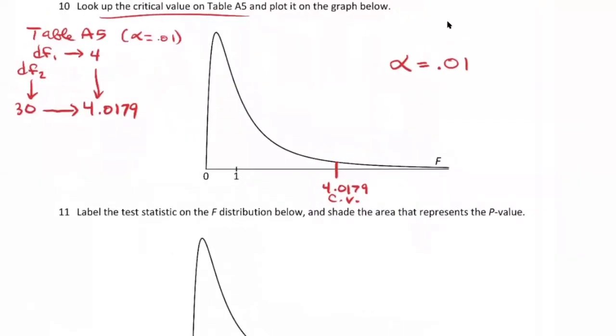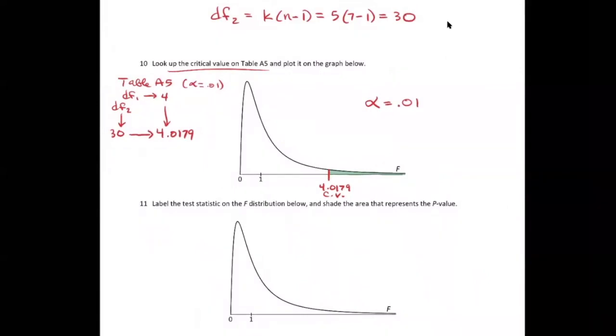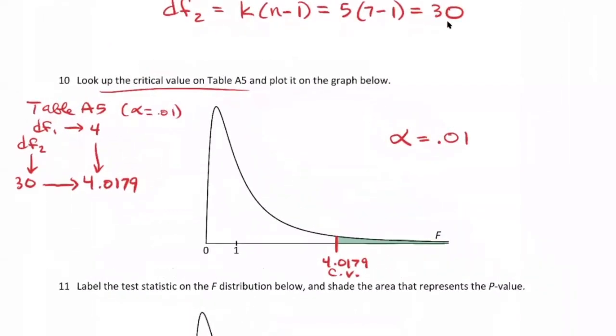Okay. So that tells you what significantly large is when the null hypothesis is true. If the null hypothesis is true, you really shouldn't get a test statistic bigger than 4.0179. It would only happen 1% of the time. And we have one that's larger.